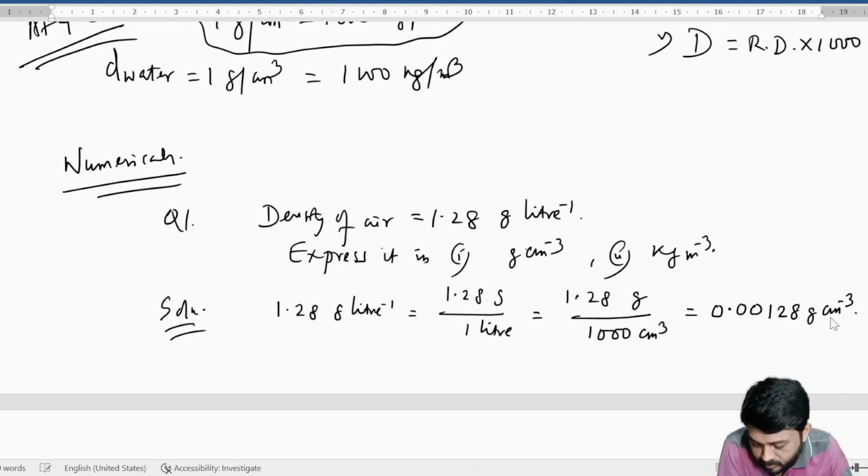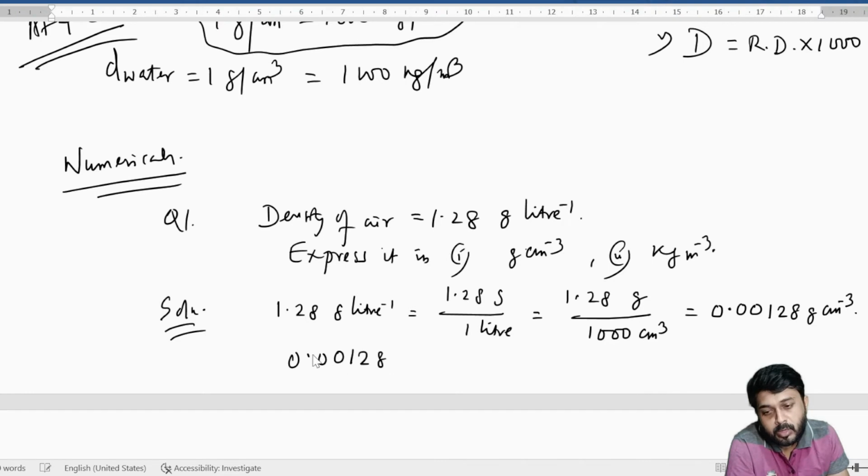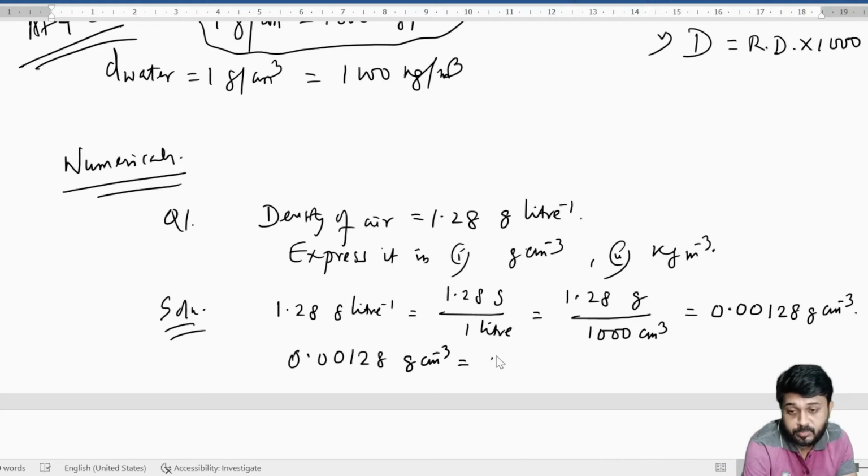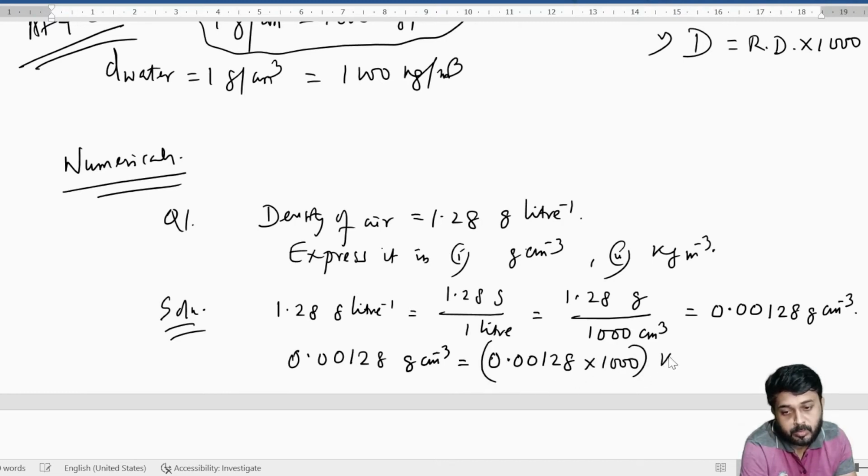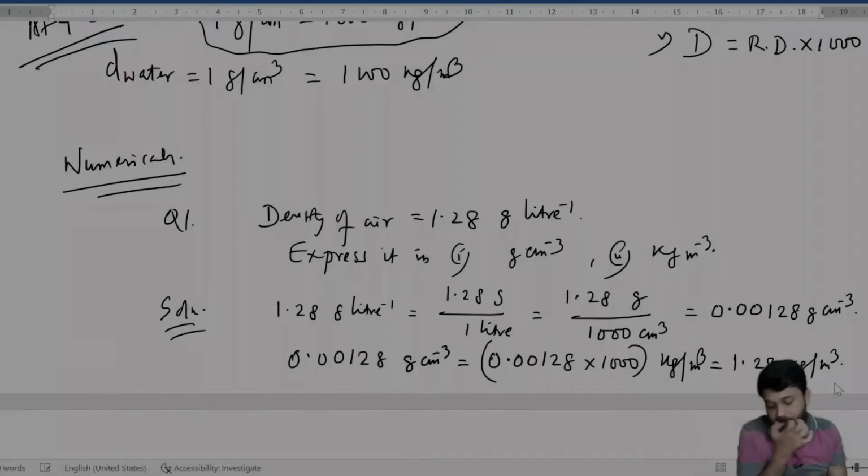All right, and you know 0.00128 gram per centimeter cube is equal to, in order to get it into kg per meter cube, we need to multiply it with 1000. 0.00128 into 1000 kg per meter cube, that is 1.28 kg per meter cube.